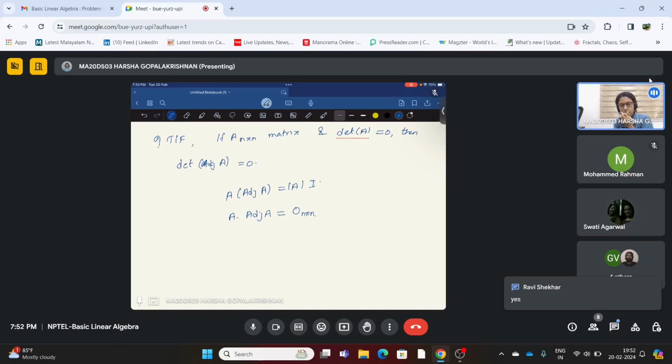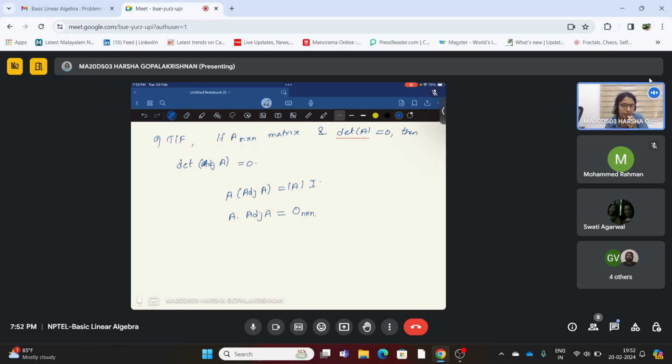So what can we do? We wanted to prove that determinant of adjoint of A is 0, but A itself is not 0, so the determinant has to be 0.